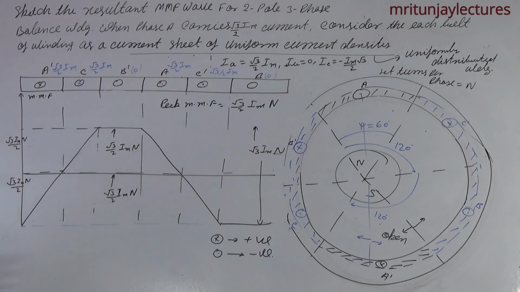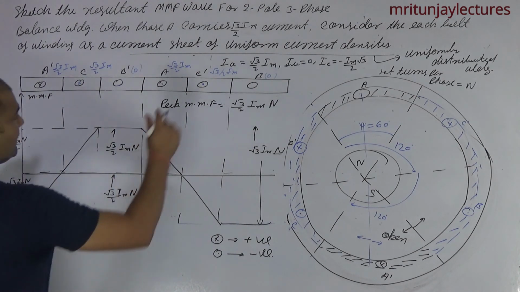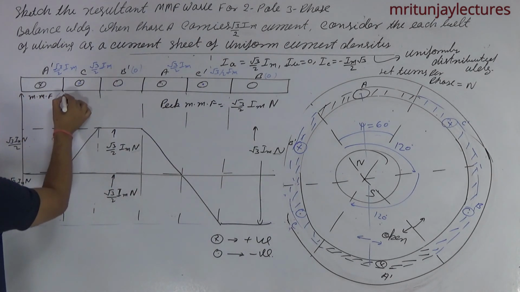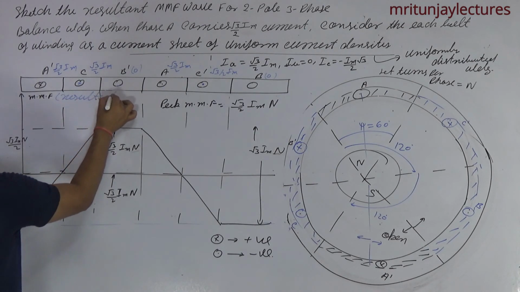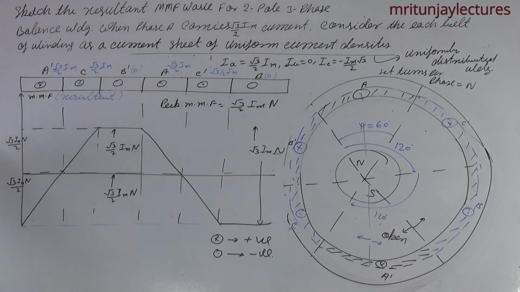This is the resultant MMF diagram. At Ia equal to root 3 by 2 Im, Ib equal to 0, and Ic equal to minus root 3 by 2 Im.